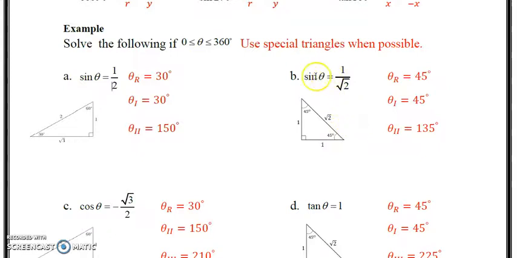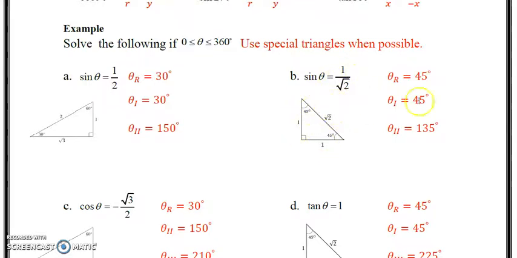So let's do the next one. Sine of theta is equal to 1 over root 2. So they haven't rationalized the denominator, which is fine. It's actually easier to do it this way because it relates directly to the triangle. So 1 and root 2, you got to remember, oh yeah, that's the 45-45-90 triangle. So we can pick either one, it doesn't matter. So I'll pick this one up here instead. So it's opposite, which is 1, over hypotenuse, which is root 2.